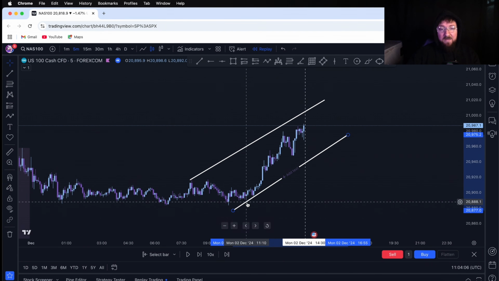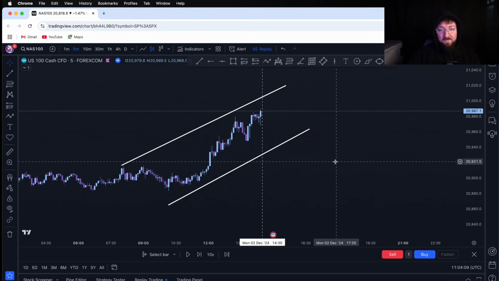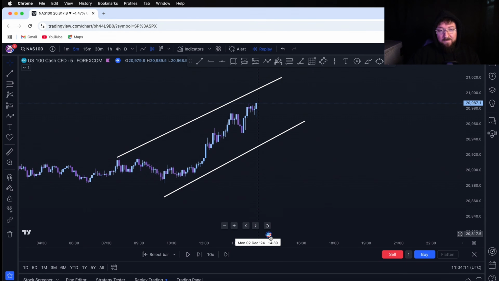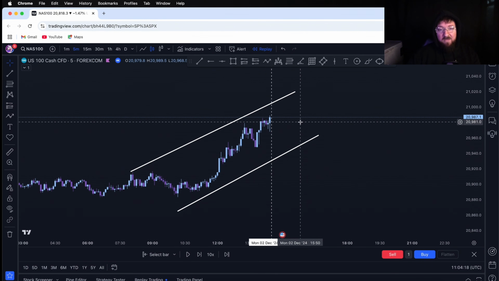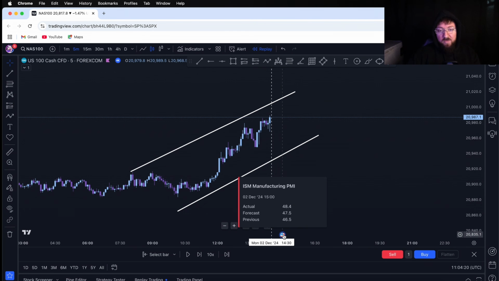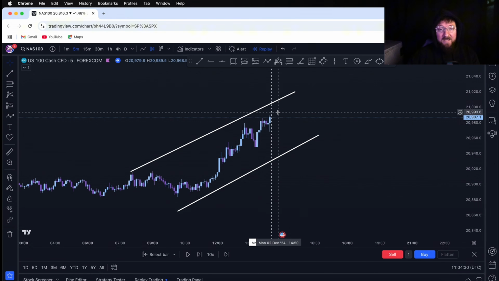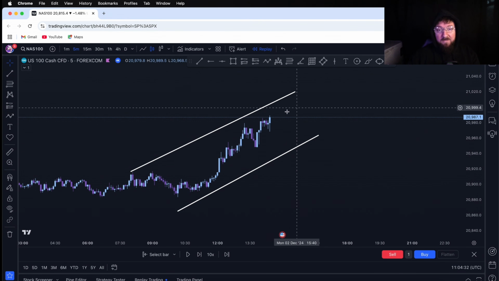Well, I'm expecting a break to the upside. But if you look to the right, what's this? Red folder news. So price can be very unpredictable. It's up to you if you want to be trading on news days, which is very risky, but we'll still play this trade out and see what happens.